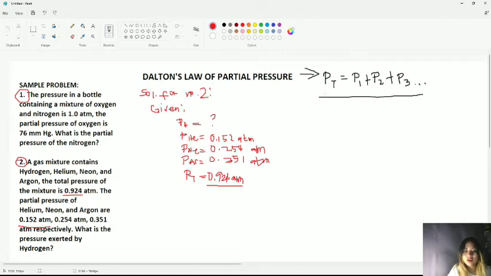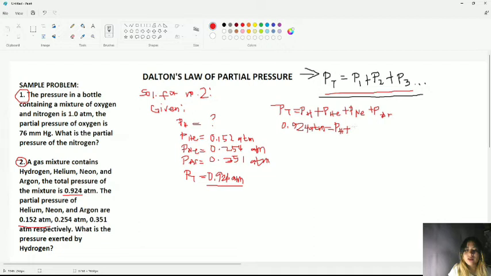Gamit ko yung formula na ito. P sub T is equal to 0.924 atmosphere. Need talaga yung unit, no? Ilagay natin. The partial pressure of hydrogen is yun yung ina-ask sa problem. Ilagay lang natin dyan.